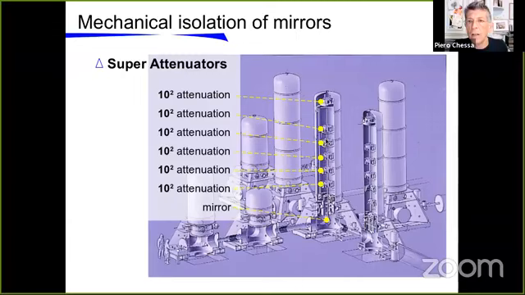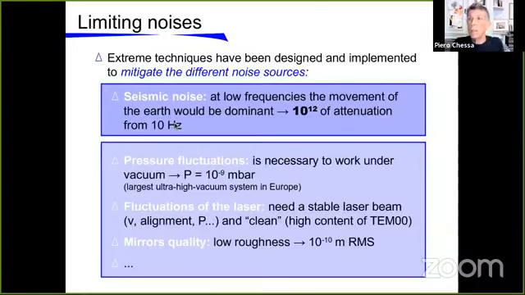Each of these filters, which are indeed oscillators, makes an attenuation by a factor of 100. We have 6 of these filters, so we have 100 to the power of 6, that means a factor 10 to the 12 of attenuation at the end of the chain. So we succeed in making the attenuations I told you before.